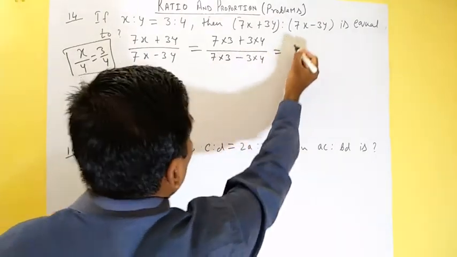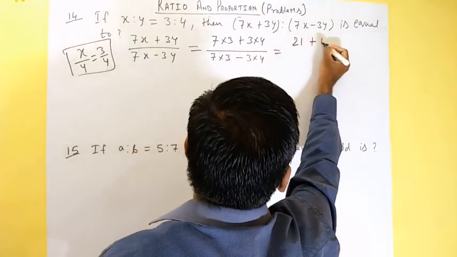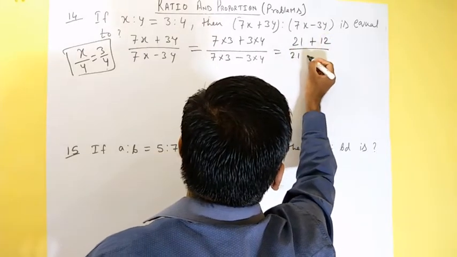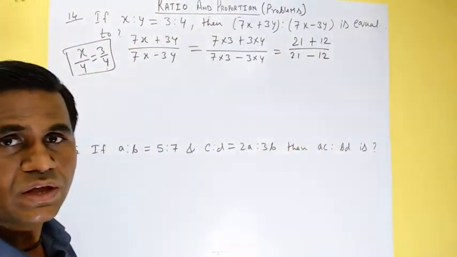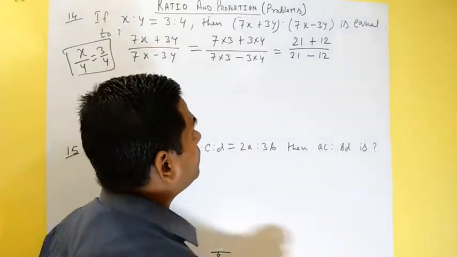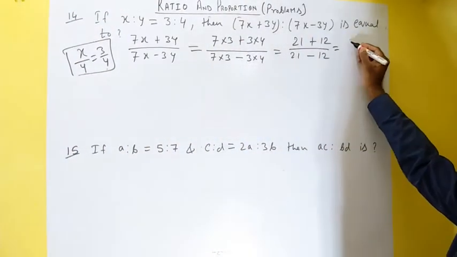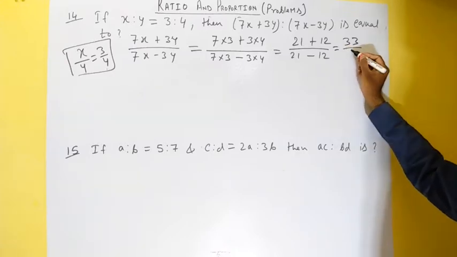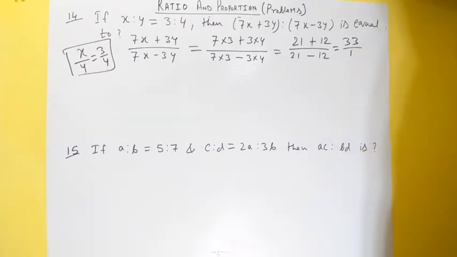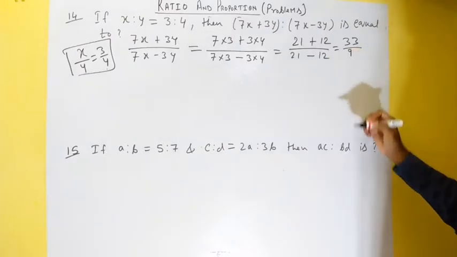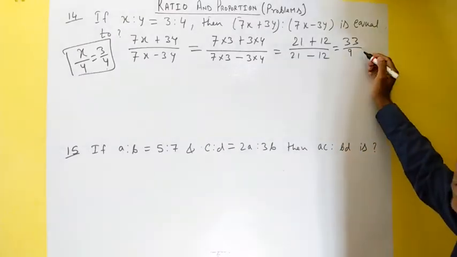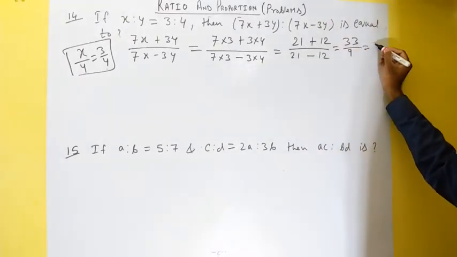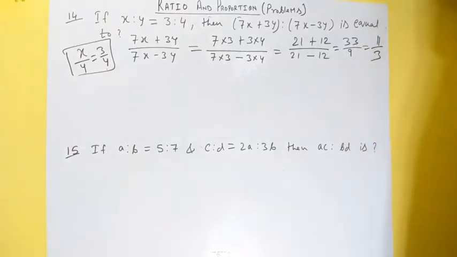So this will become 21 plus 12 upon 21 minus 12, right? So now after adding, it will become 33 upon, sorry, this becomes 9. Now if we cancel with 3, this becomes 11 upon 3. So this is the answer, 11 upon 3 for this.